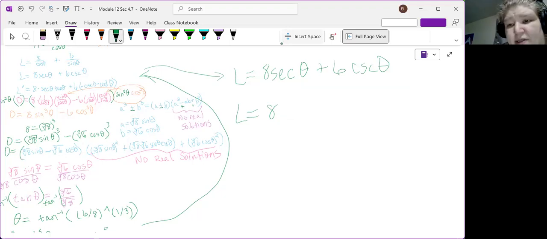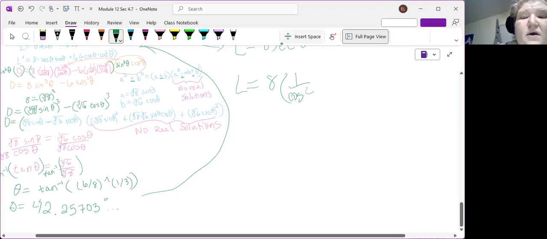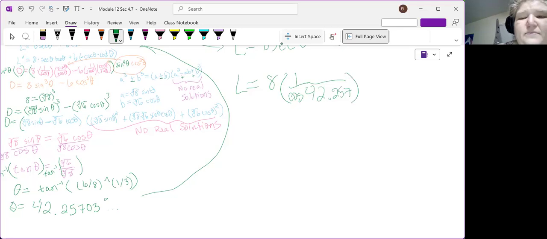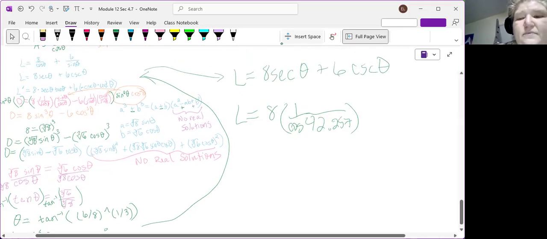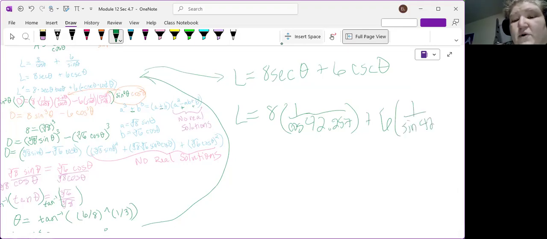Now, for the purposes of typing on the calculator, my calculator doesn't give me secant and cosecant. So I'm just going to write 1 over cosine of 42.257, blah, blah, blah, plus 6 times 1 over sine of 42.257, blah, blah, blah.